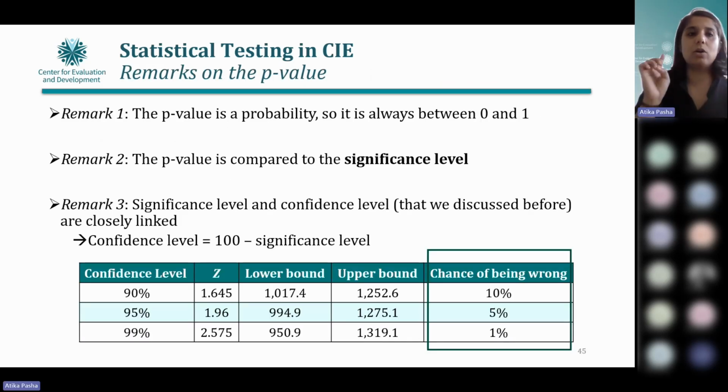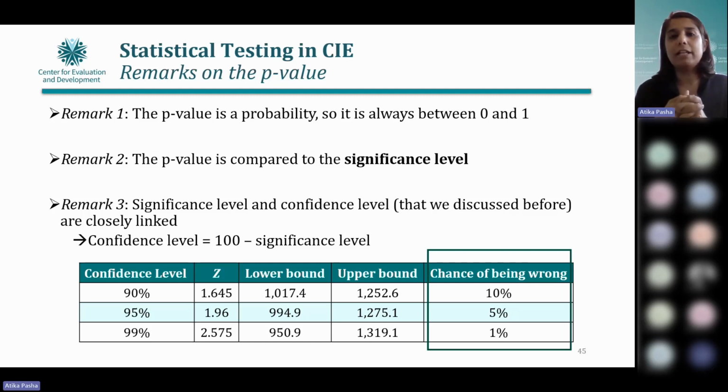So let's talk about the p-value first and then delve into an example. The p-value is a probability. It always lies between 0 and 1. So in some of the tables, you would see a p-value of 0.03. What that effectively means is that it's a low probability.